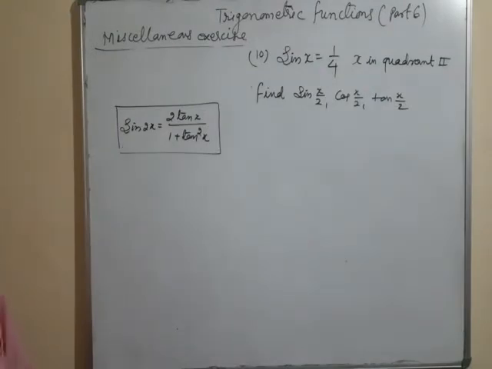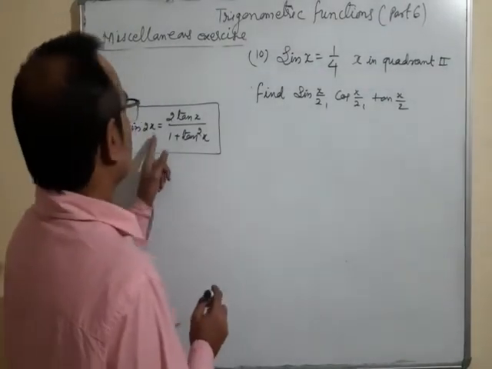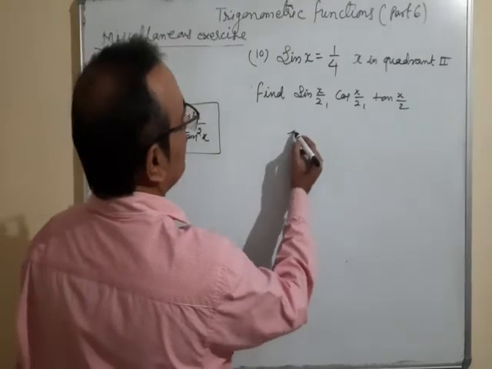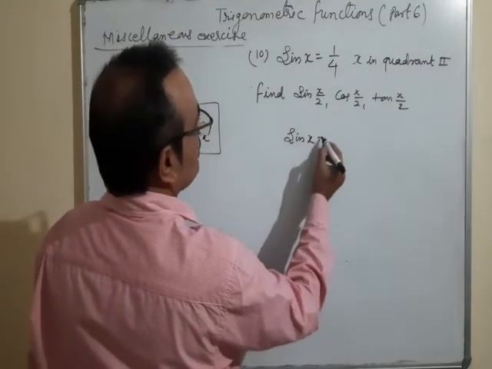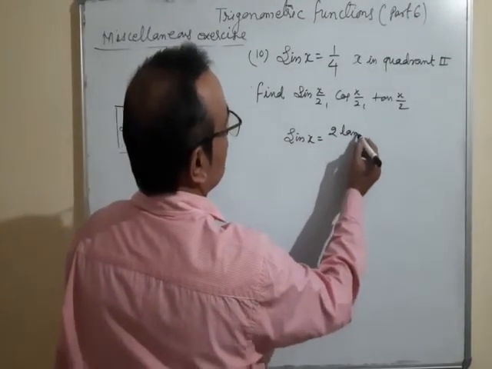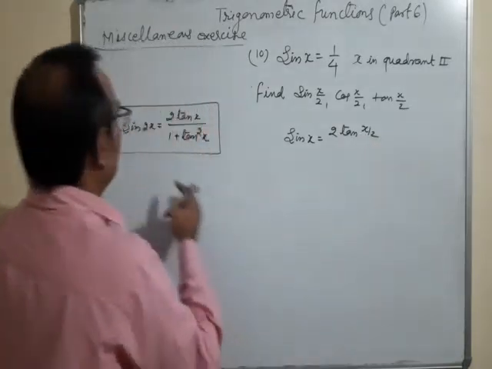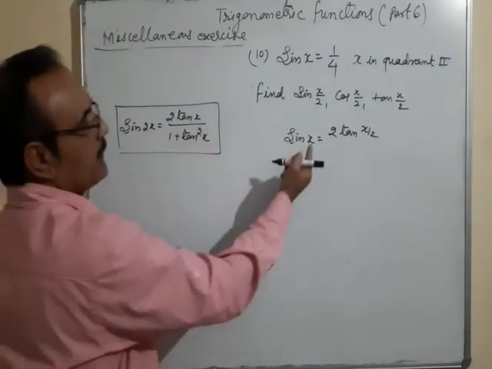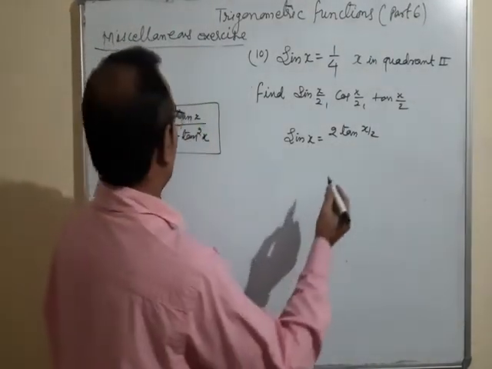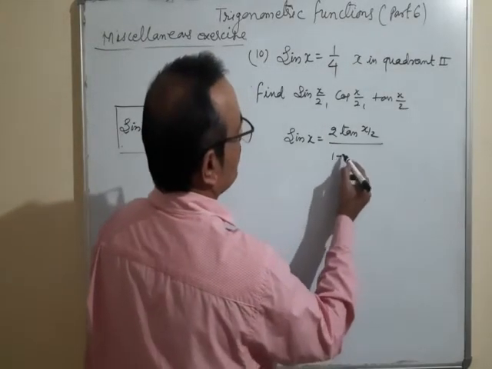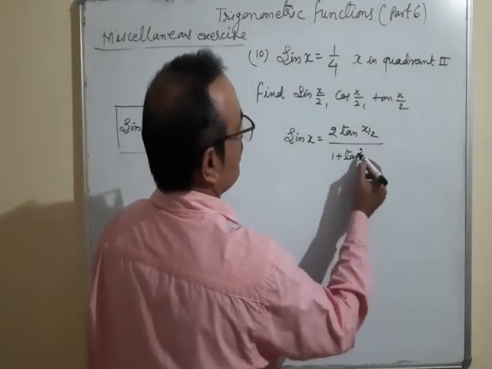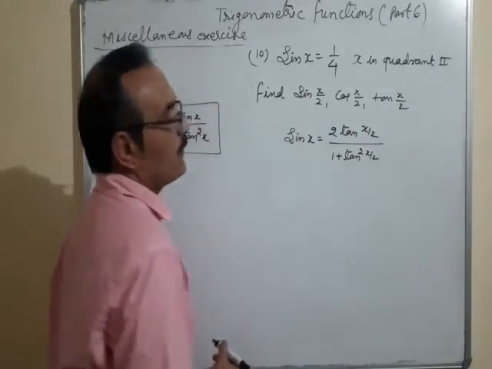So in the half angle form, sin 2x, it is x, so may I write here sin x is equal to 2 tan x by 2, because this is 2x, so it is x. So if it is x, then what is it? x by 2 upon 1 plus tan square x by 2. Okay.